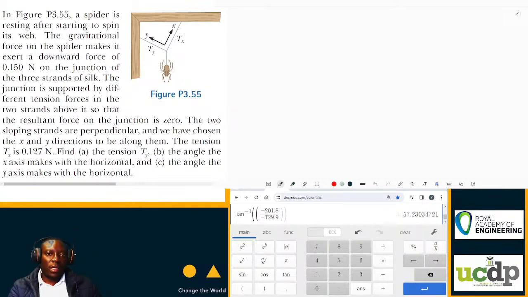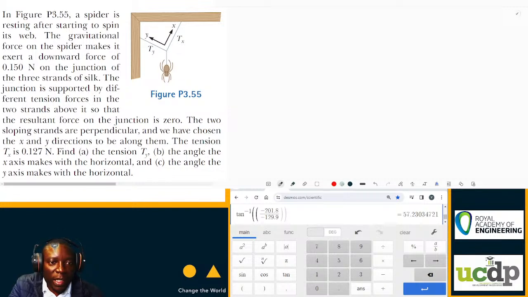Okay, so in this picture, we can see a spider resting after starting to spin its web. The gravitational force on the spider makes it exert a downward force of 0.15 newtons on the junction of the 3 strands of silk. So you can see the vertical strand and the 2 strands that are coming from the upright and the other horizontal poles.